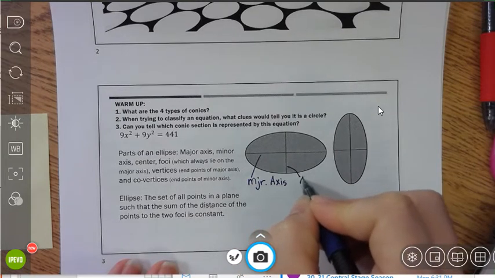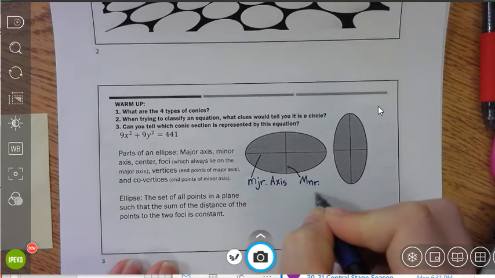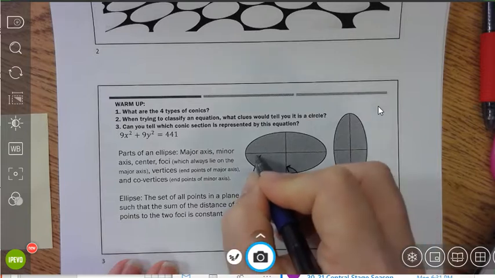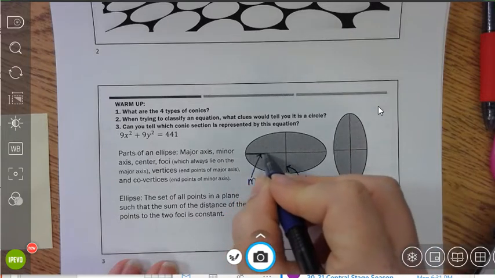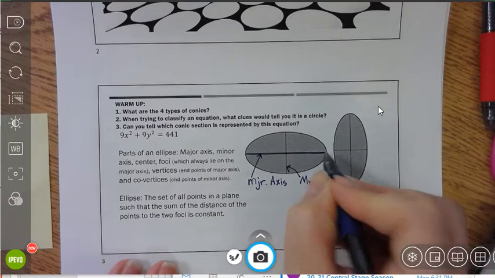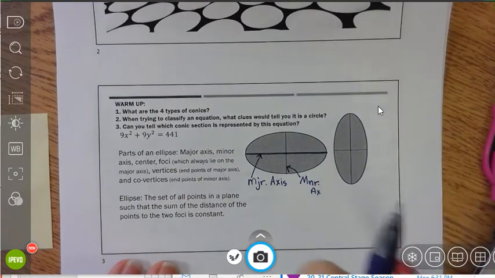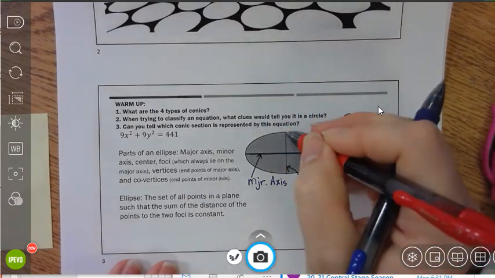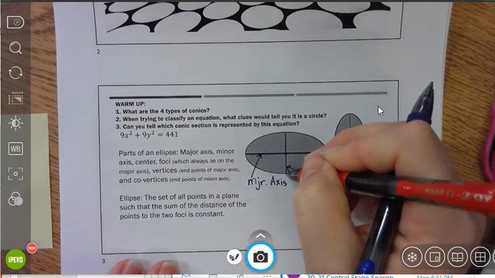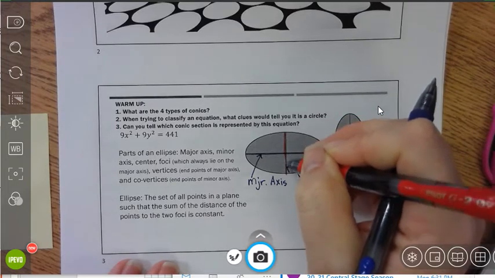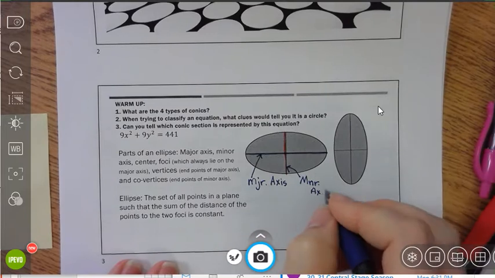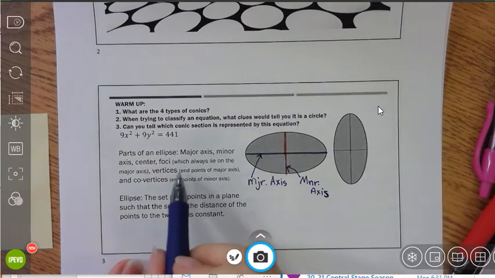And this one is the minor axis. It does mean that whole length all the way across. And the minor axis, I'll do in red, is this whole length across. So that's your minor axis.